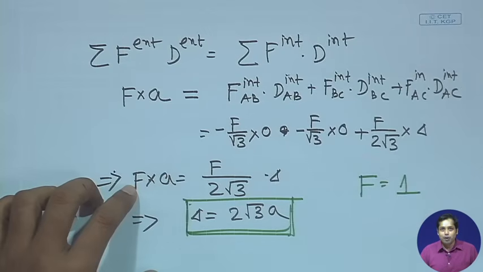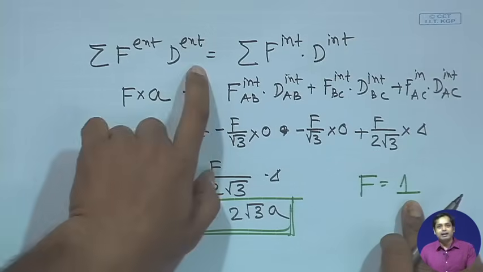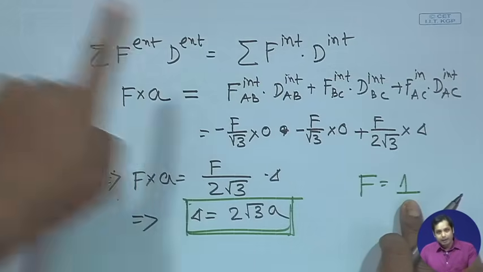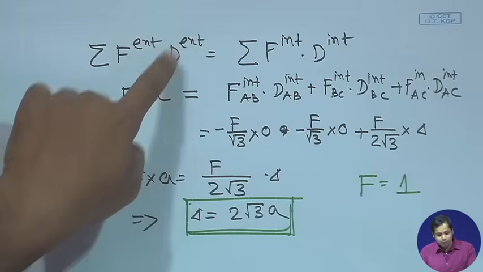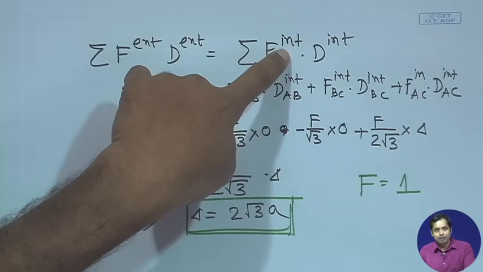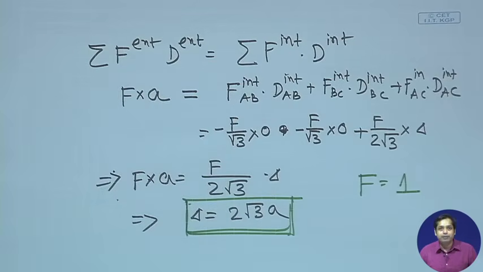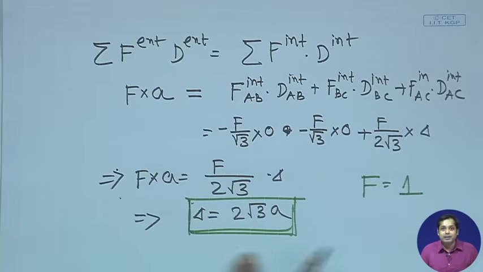So, we apply F equal to 1, get the F external and F internal, and then in another system we have D external and D internal, which are conjugate to the force field, and then apply equilibrium and the principle of virtual work and get the corresponding displacement.